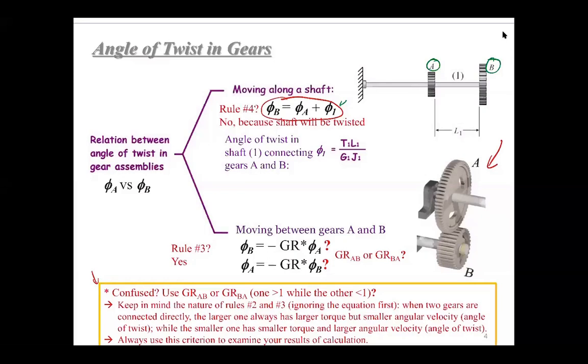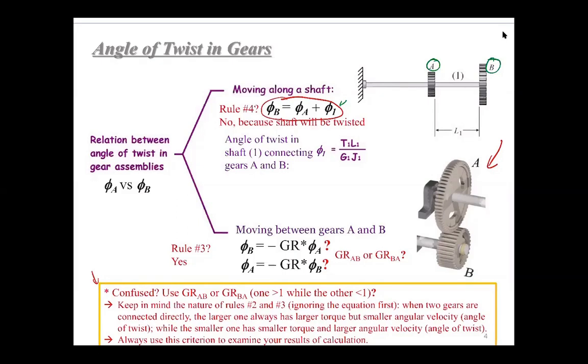Keep in mind that the nature of rule number 2 and rule number 3 is this: when two gears are directly connected, the larger one always has larger torque but a smaller angular velocity and smaller angle of twist. The smaller one always has smaller torque and a larger angular velocity or larger angle of twist.